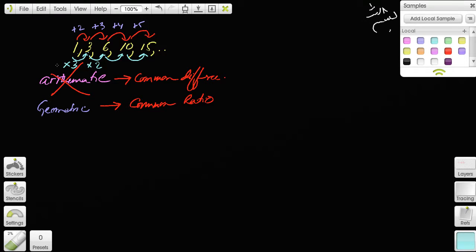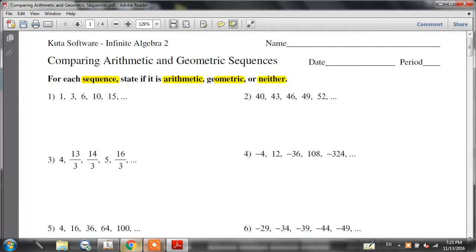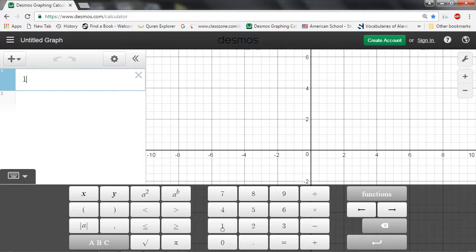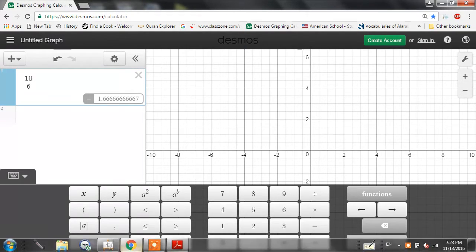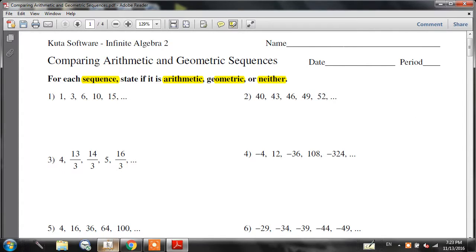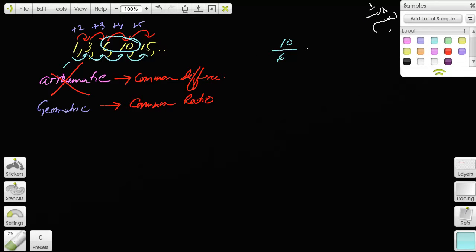If you ever want to figure out what the ratio is, the easiest thing to do is divide two terms, like 10 divided by 6 over here. So let's do that. We already know it's not geometric, but it's 1.66 over here. So according to these two terms, 1.66 is the common ratio.